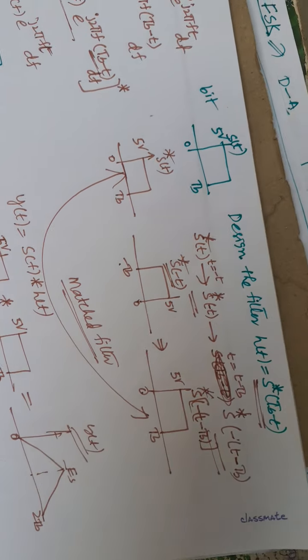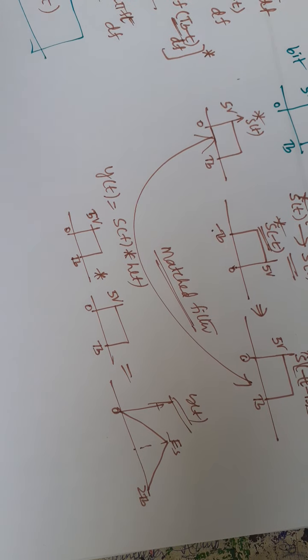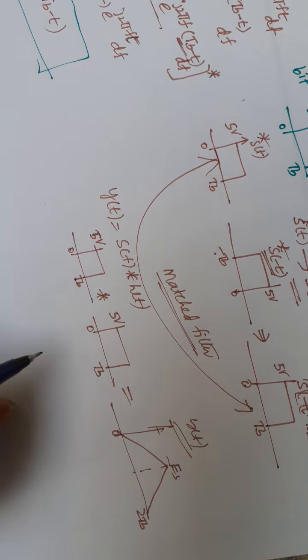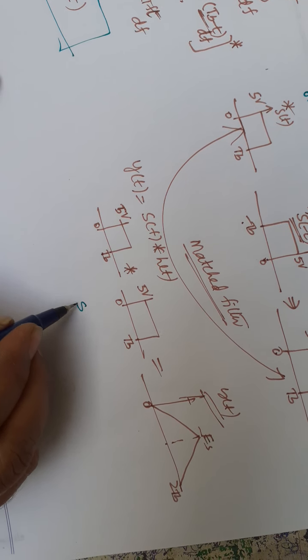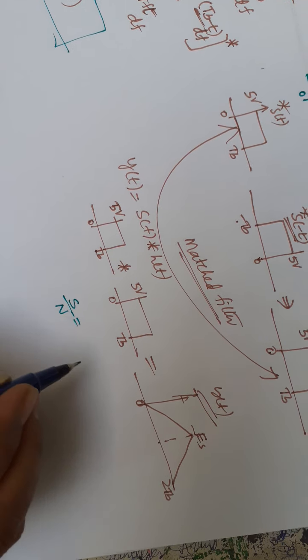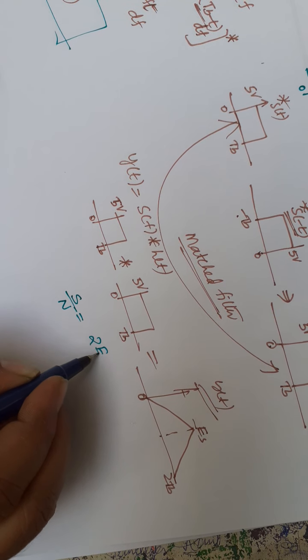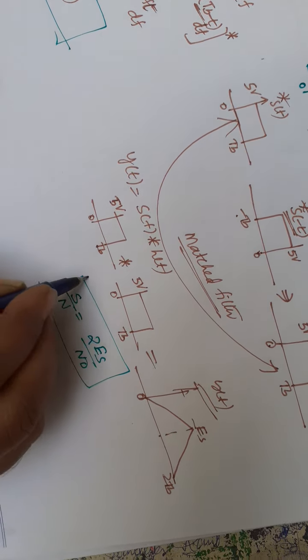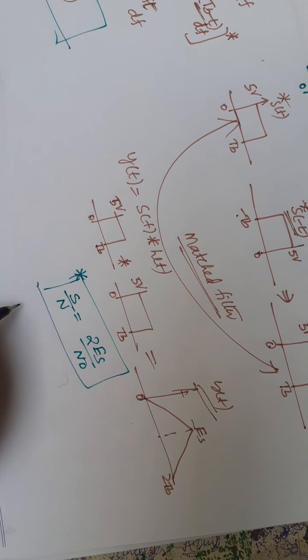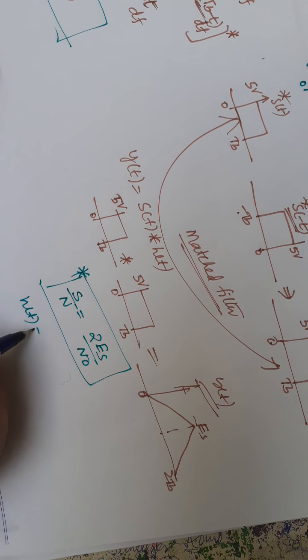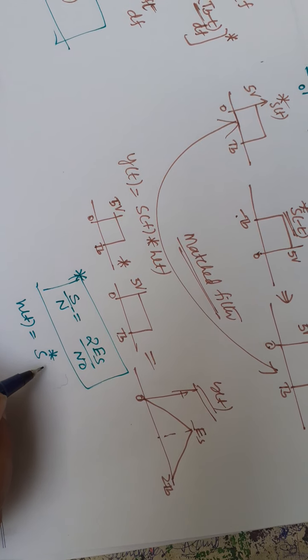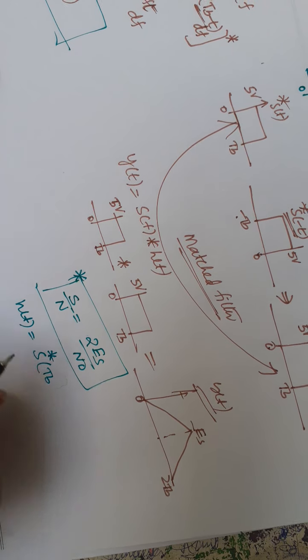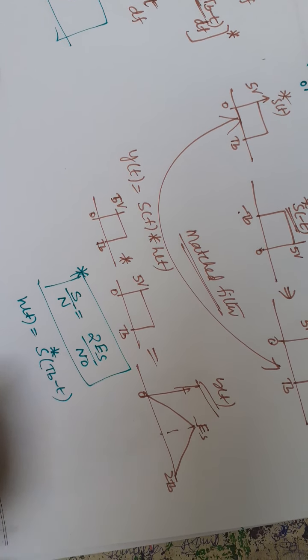I hope today's main concept is clear. Please remember: signal power by noise power is equal to 2Es by N0. This is one important concept. Another important concept is the filter h(t) equal to s(Tb minus t) complex conjugate.